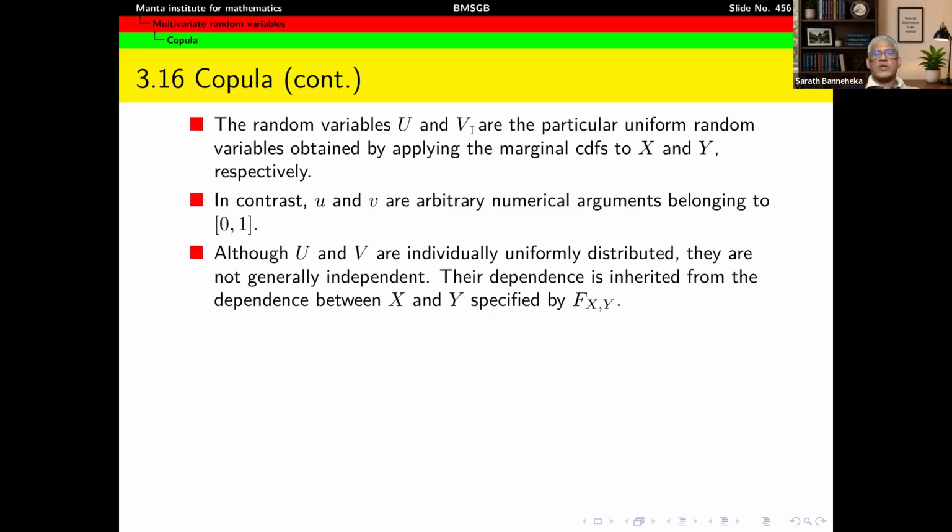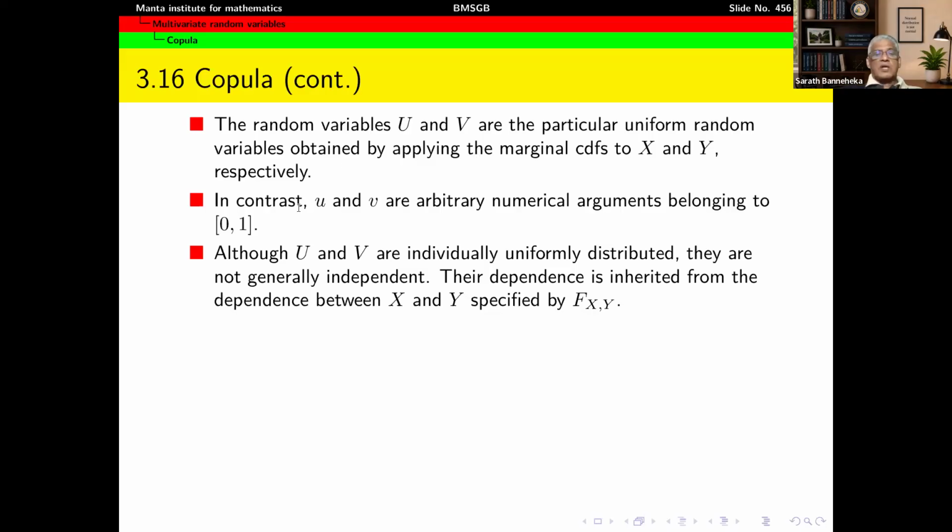The random variables U and V are the particular uniform random variables obtained by applying the marginal CDFs to X and Y. That means U is equal to F_X evaluated at capital X, and V is equal to F_Y evaluated at capital Y.